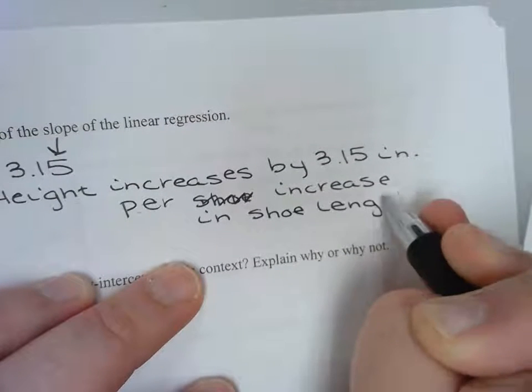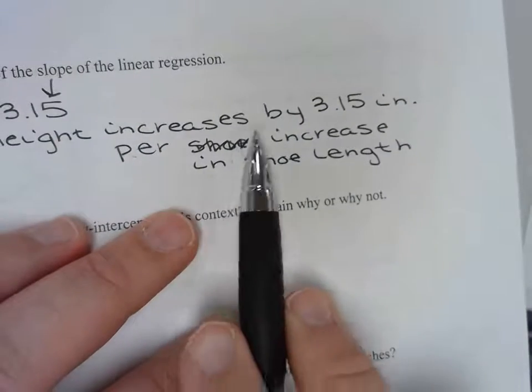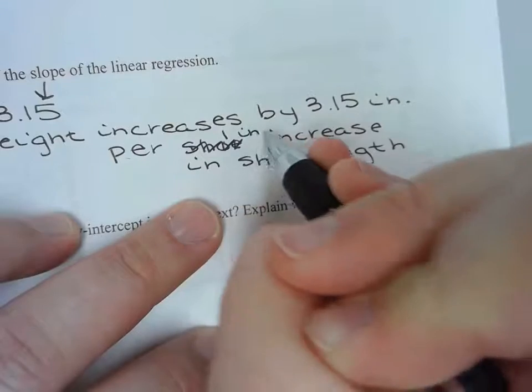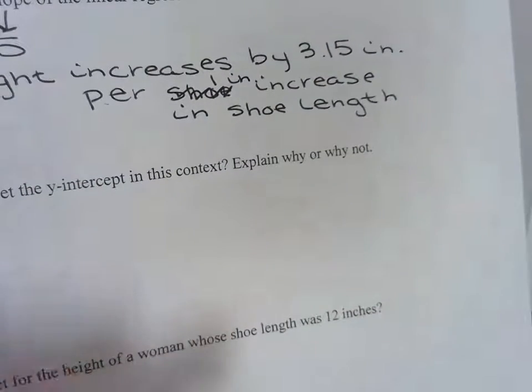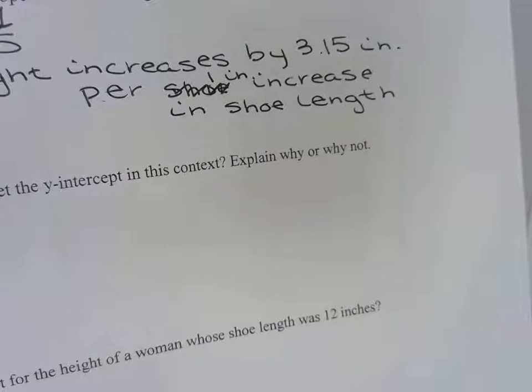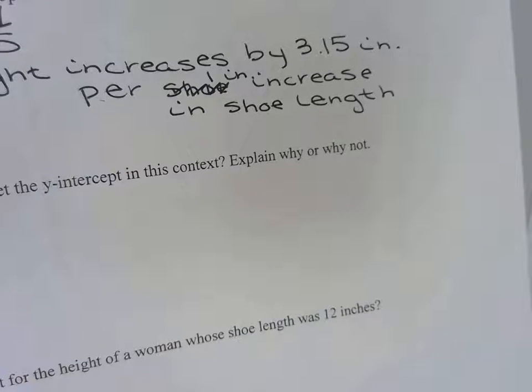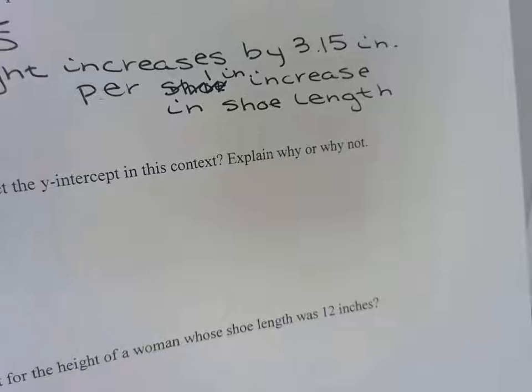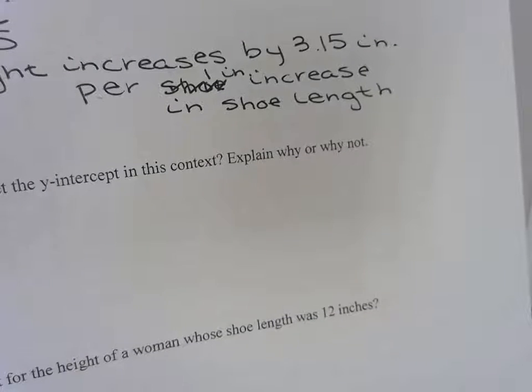Let me be a little more specific on that, sorry. Height increases by 3.15 inches per 1 inch increase in shoe length. Because slope is always per a single thing, per one thing. So that is a height increase of 3.15 inches per 1 inch increase in the shoe length. Slope is always per one thing.